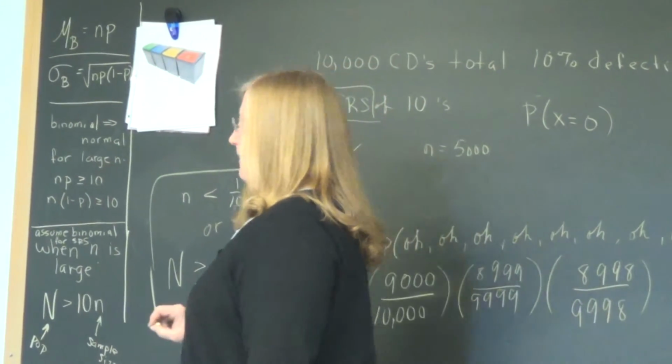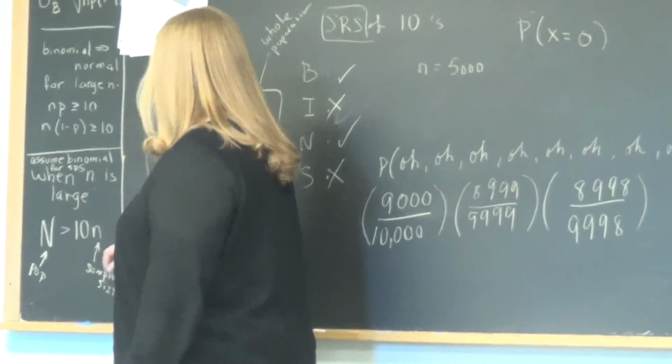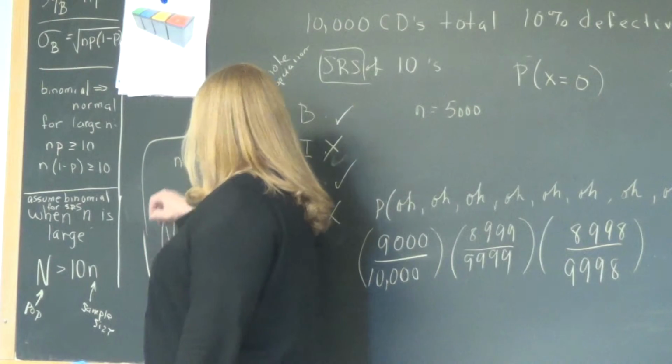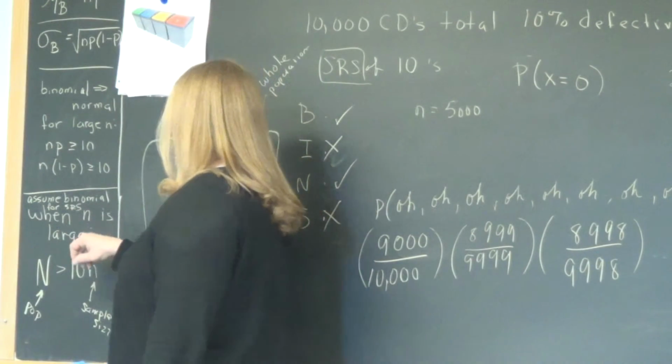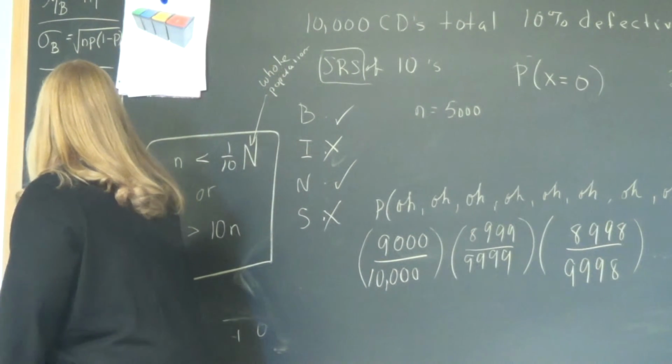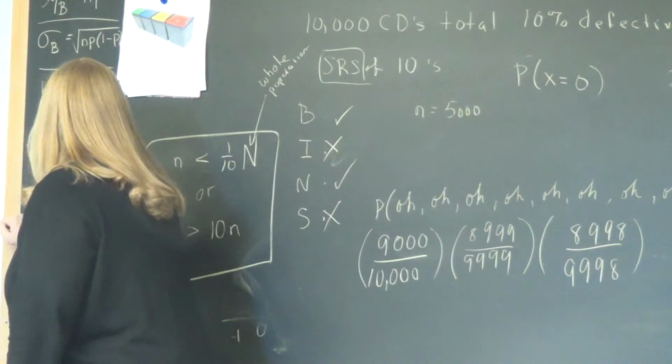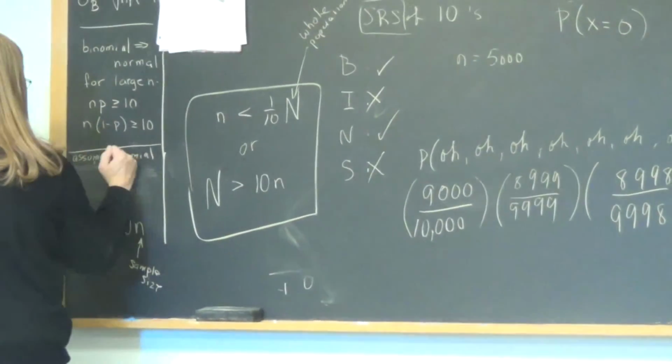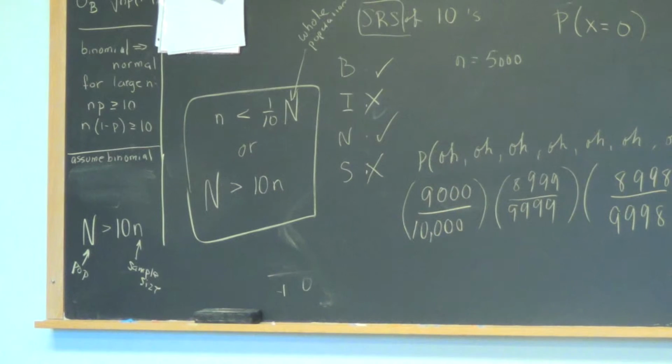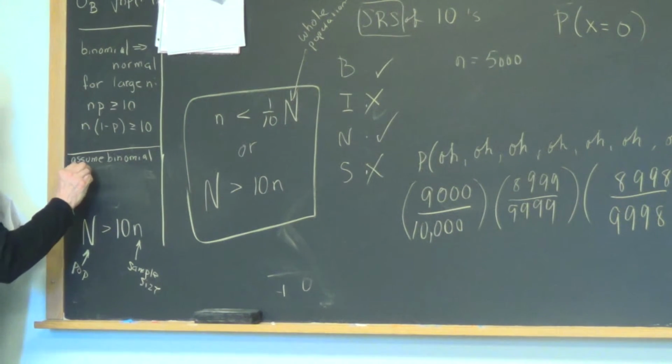Then why are we writing when n is large? You're right, I'm sorry. Assume binomial, it's not when n is large.